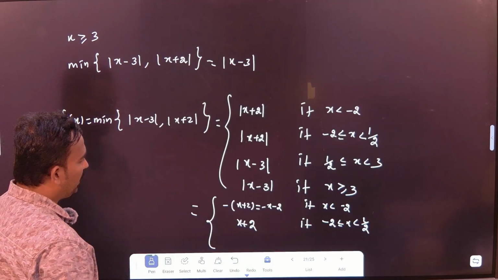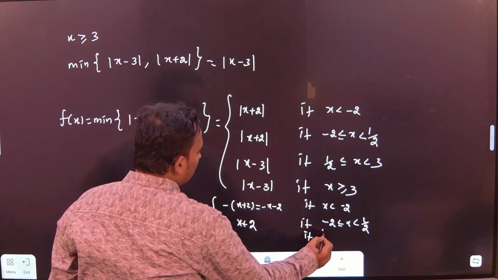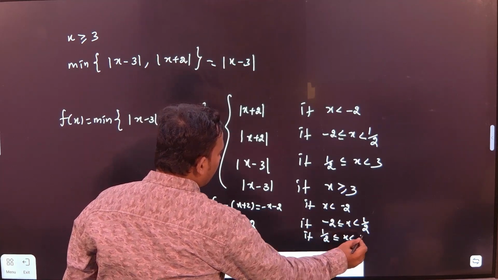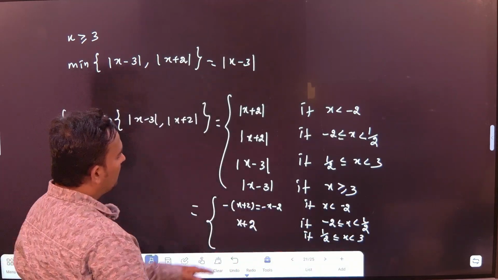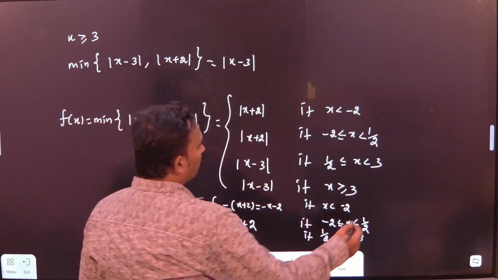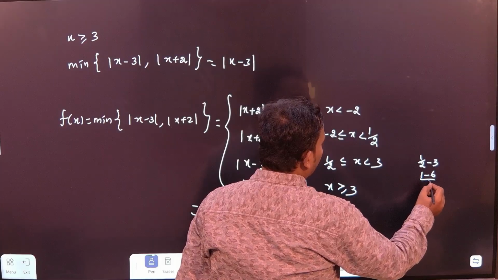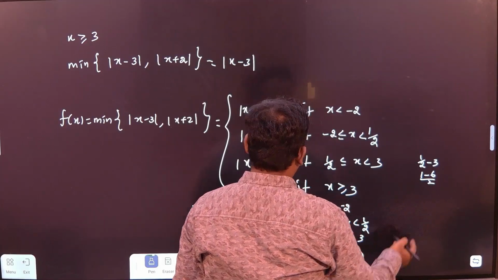Okay. When x is from 1 by 2 to 3, in this interval you can add -3. 1 by 2 minus 3 is what? 1 minus 6 by 2, right?